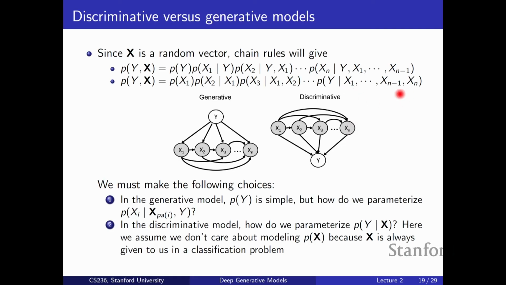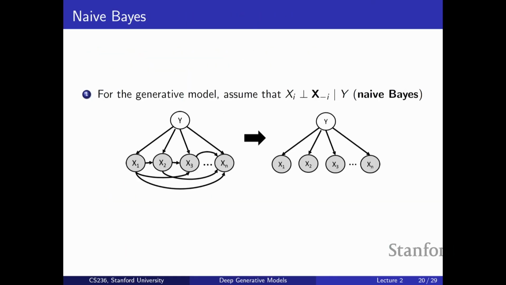You're conditioning on a lot of variables. There are 2 to the n possible combinations of those x variables, and in full generality you would have to assign a different value for the probability of y for each one of them. So again, the conditional distribution of y given all the parents is not easy to deal with, even in a discriminative model.